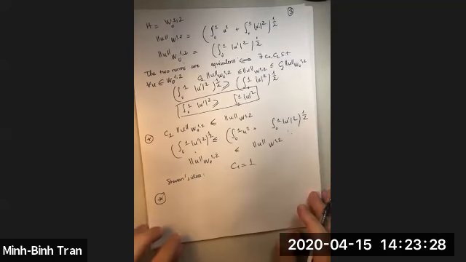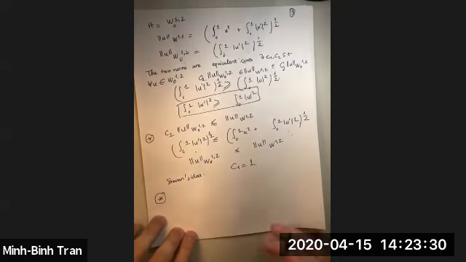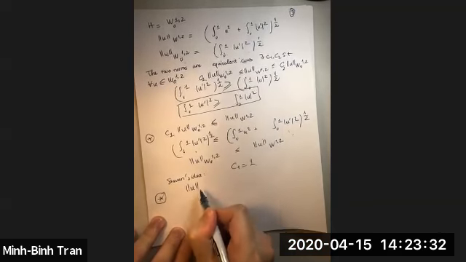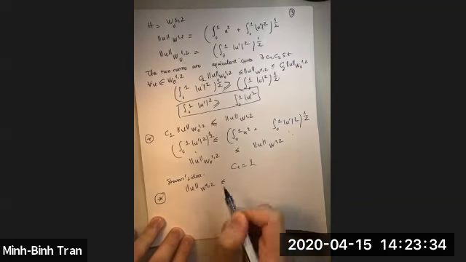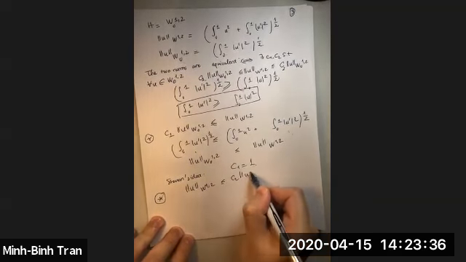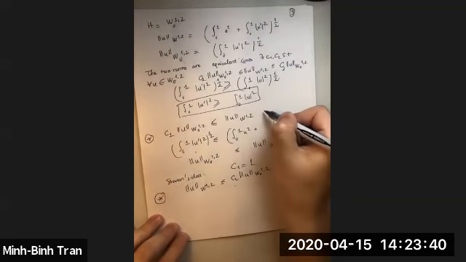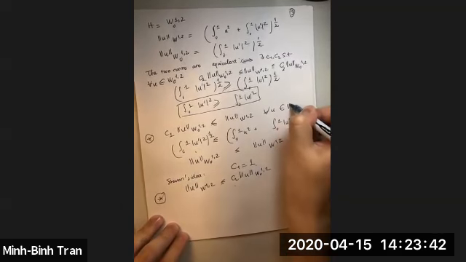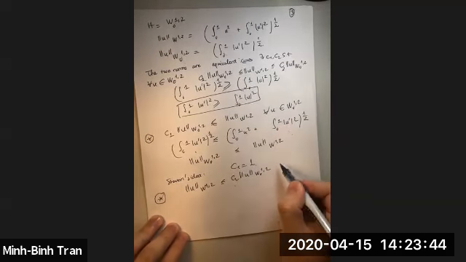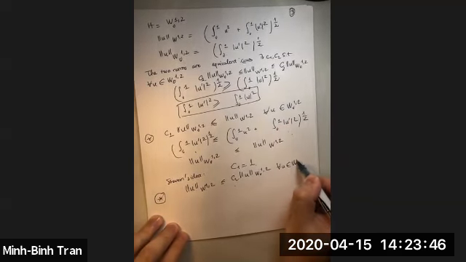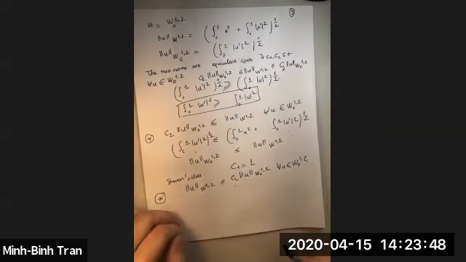Now the second term is much harder. It's not straightforward like this. You want to show that there is a constant C2 such that this is true for all u in W12, 0, and this is true for all u in W012.